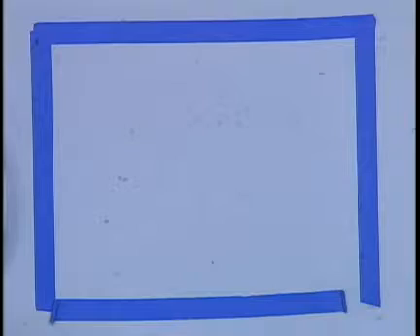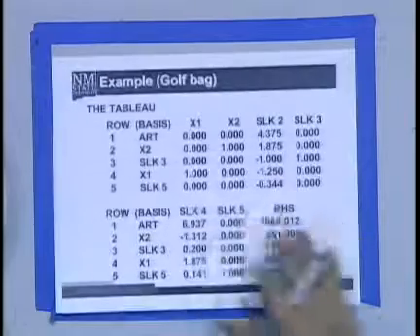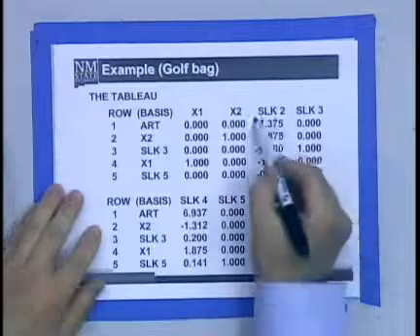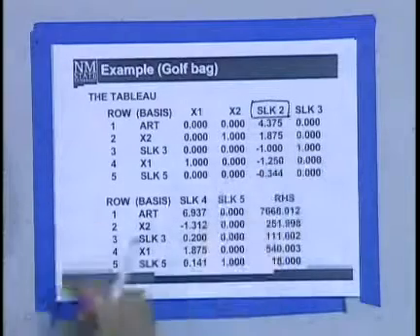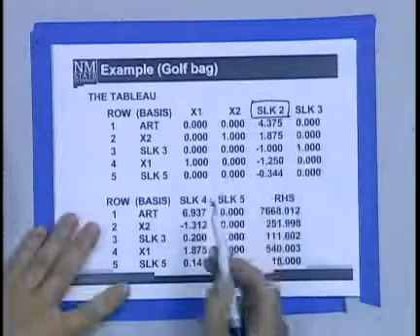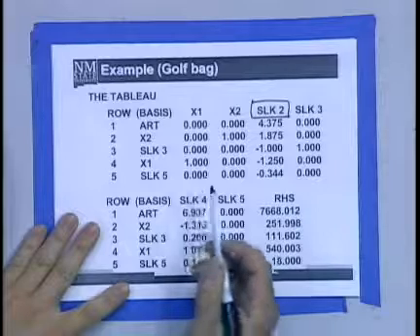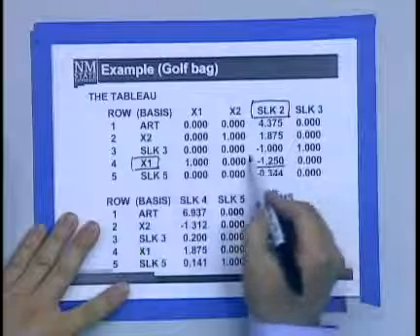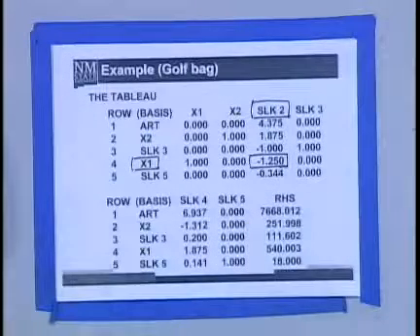And from the Lindo output, the substitution rate of slack 2 variable for standard golf bag, which is x1 variable, is negative 1.25. Is that correct?